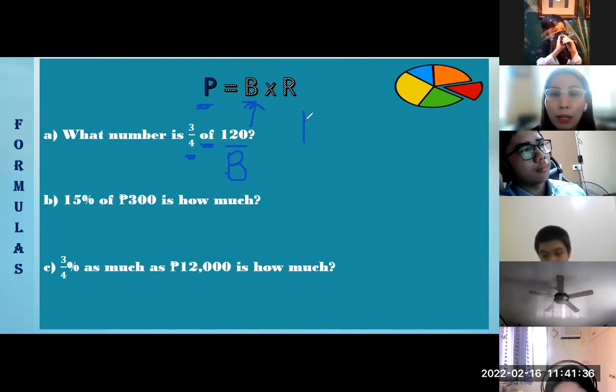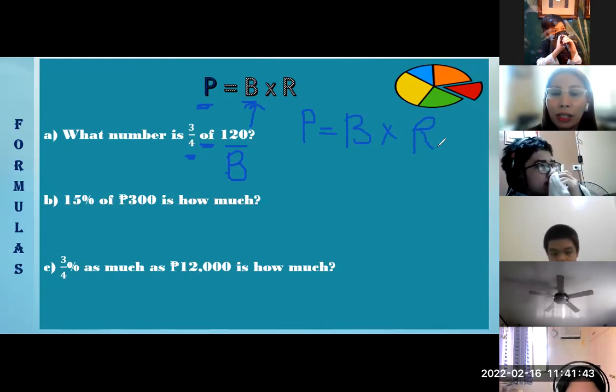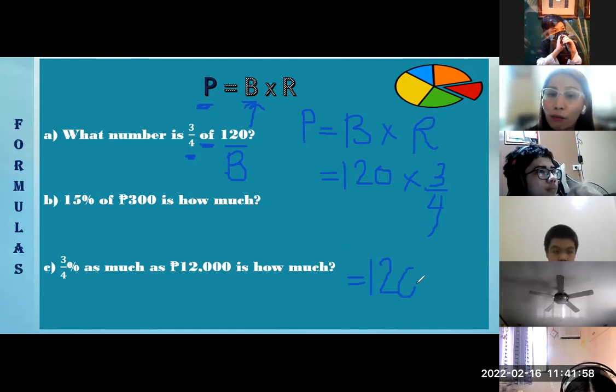So, using the formula, P equals base times rate, we simply multiply base, which is 120, multiplied by 3/4. Or there is another way of computing. We know that 3/4 is the same as 0.75 in decimal, right?